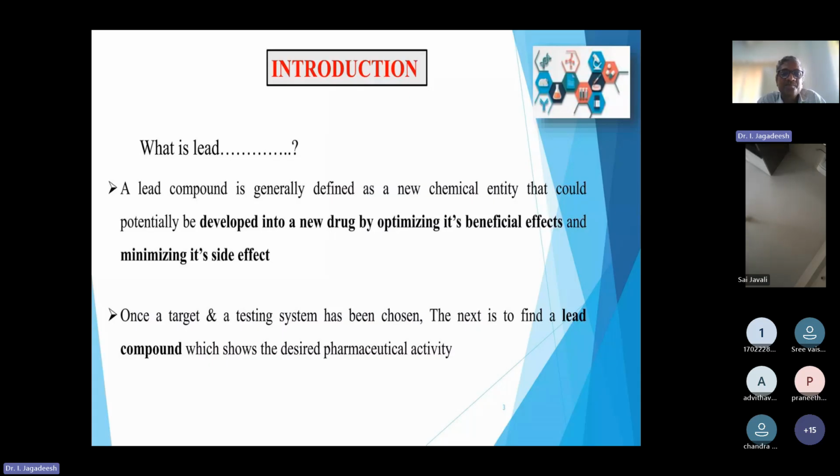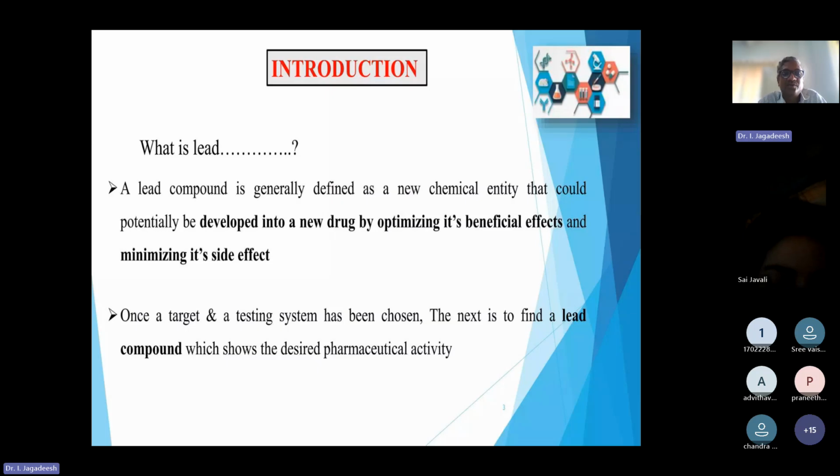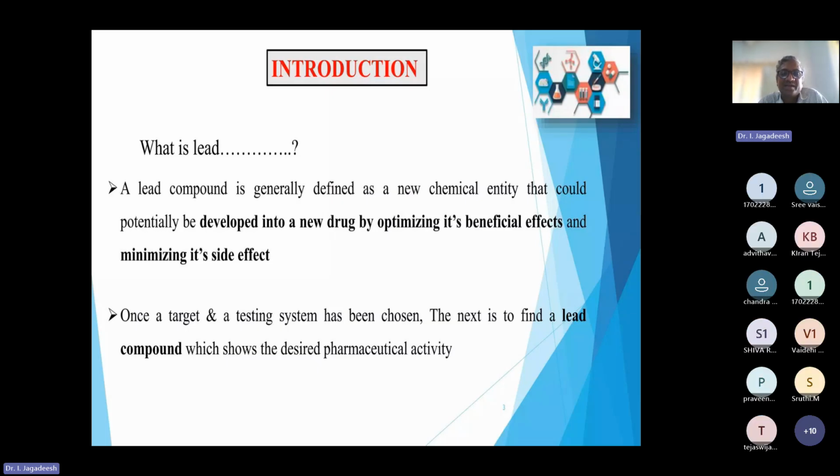Then it will become a drug. It is a new drug because it is not already existing. That is the reason we call it a new drug. Or we are making a modification to a drug which is giving some benefits better than the existing drug.